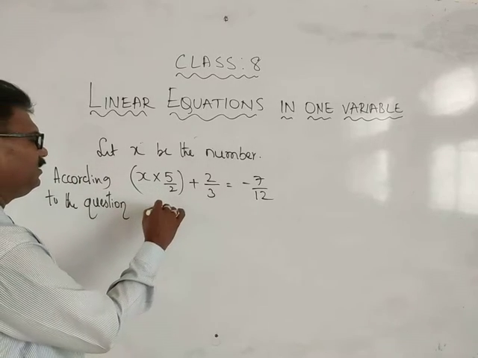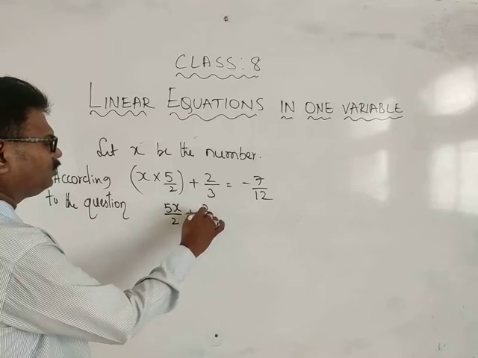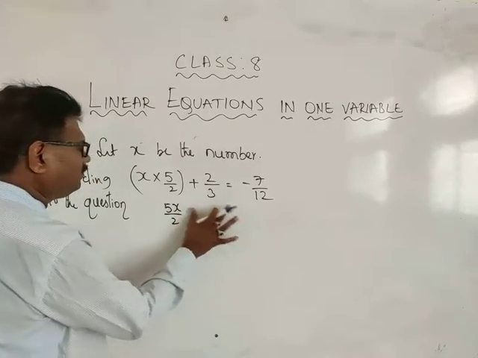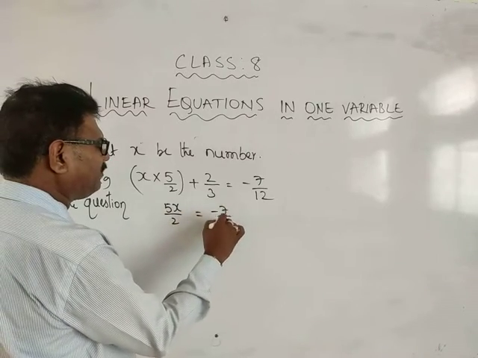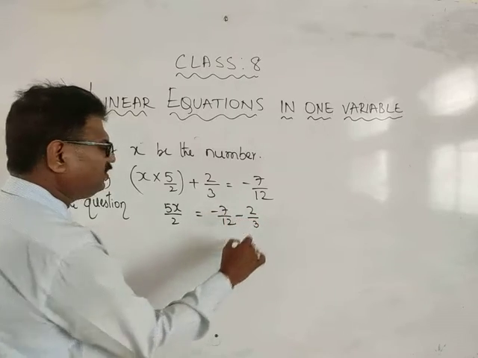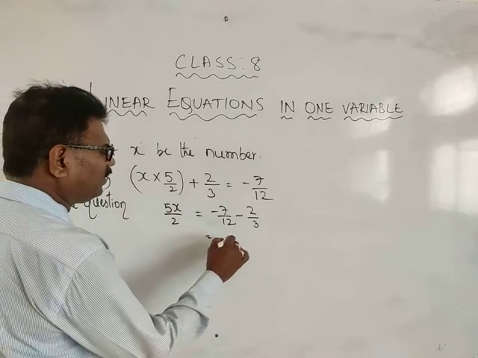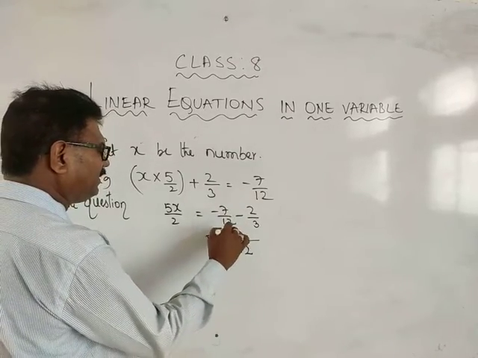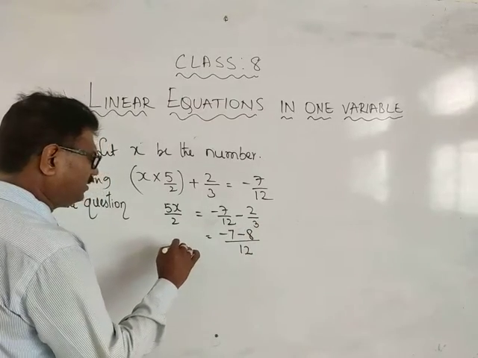Now you can see it is 5x by 2 plus 2 by 3, or you can do it like this: 5x by 2 equals minus 7 by 12 minus 2 by 3. Then, what is the LCM? 12 is the LCM. Minus 7 minus 8, which is minus 15.